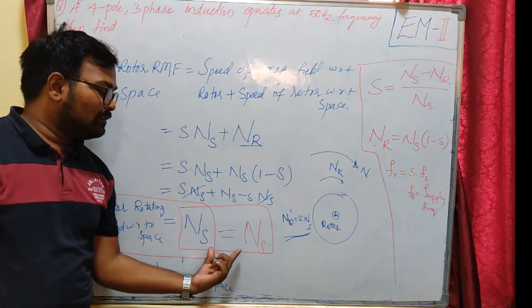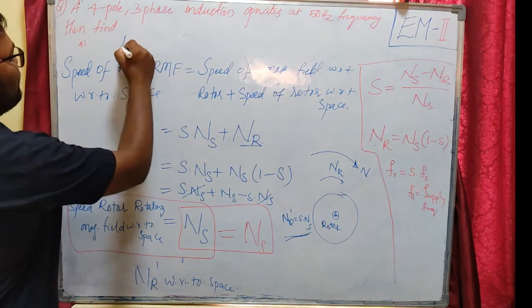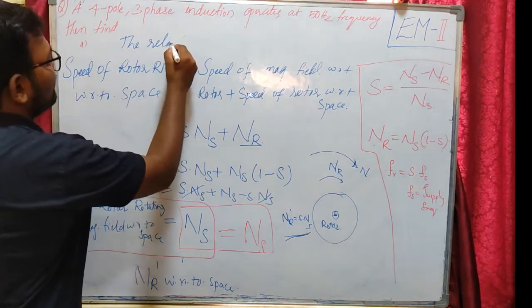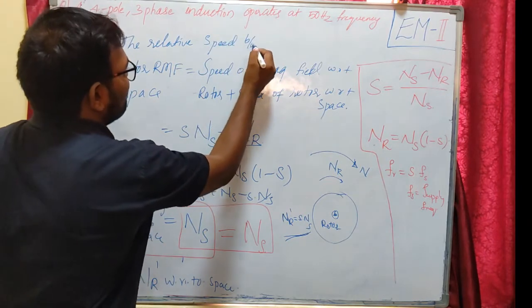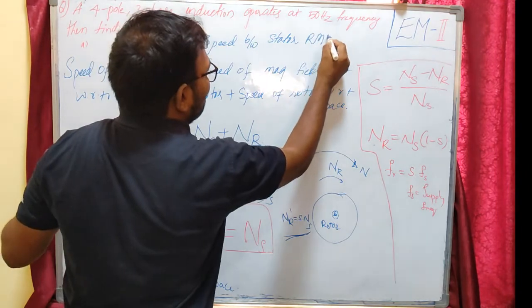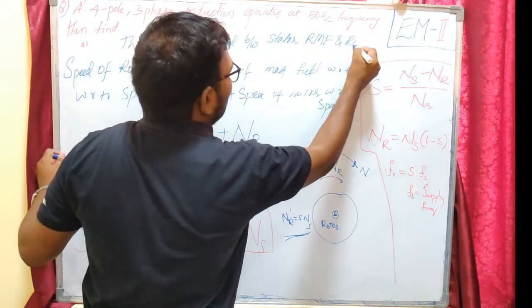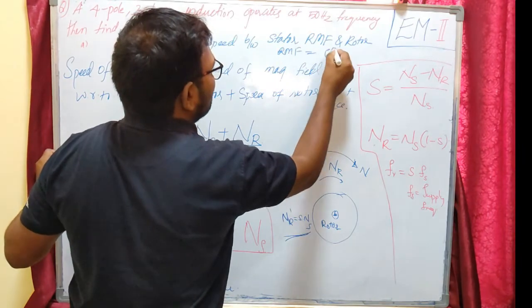That means the relative speed between stator rotating magnetic field and rotor rotating magnetic field is equal to 0.